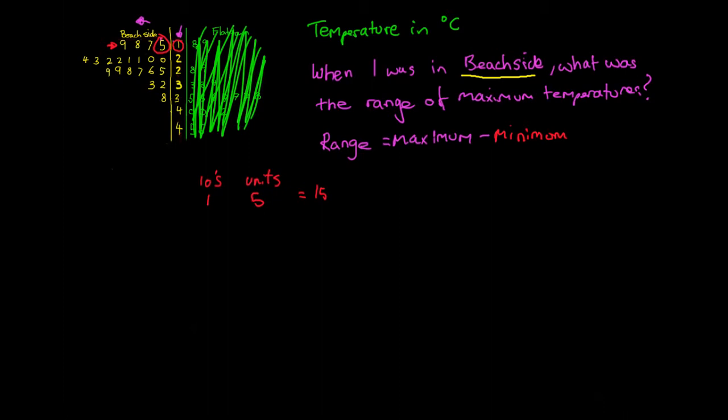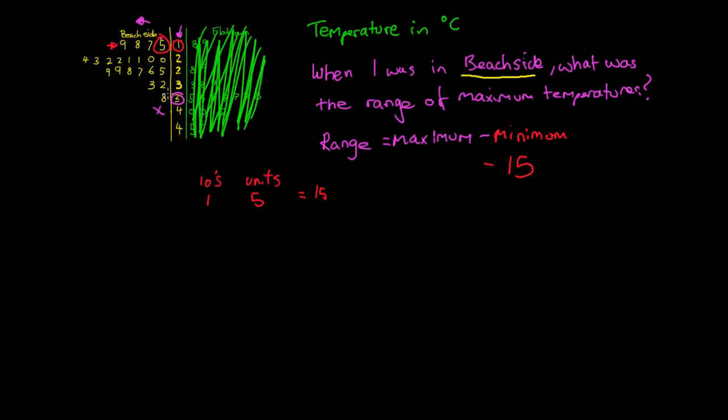Next thing we need to do is find our maximum. I'll jot down our minimum to start with: our minimum was 15. The next thing we're looking for is our maximum. If I know the numbers increase this way and increase this way, I just read down to my biggest tens column, which is this 3 here, because I've got data here, here, here, here, and then when I get to the 4 there's no data.